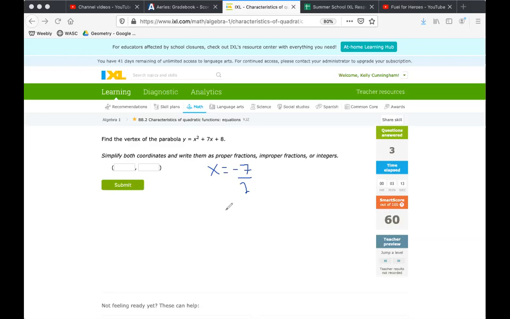All right, so I'm going to have to plug this in. I'm going to plug it in carefully. So y is negative 7 over 2 quantity squared plus 7 times negative 7 over 2 plus 8.